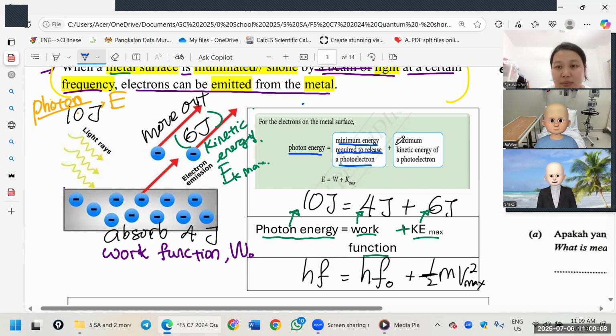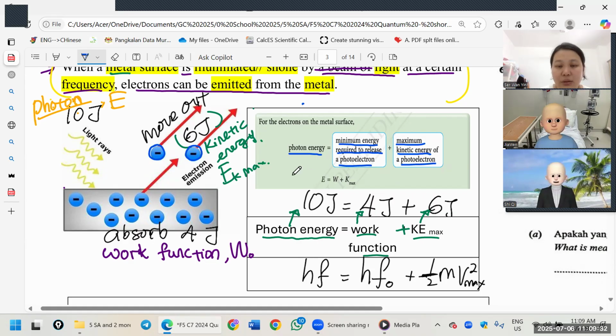Then KE max is the maximum kinetic energy of a photoelectron. The electron that comes out because it absorbs photo, light energy, is called a photoelectron. So the electron emitted out is called a photoelectron.